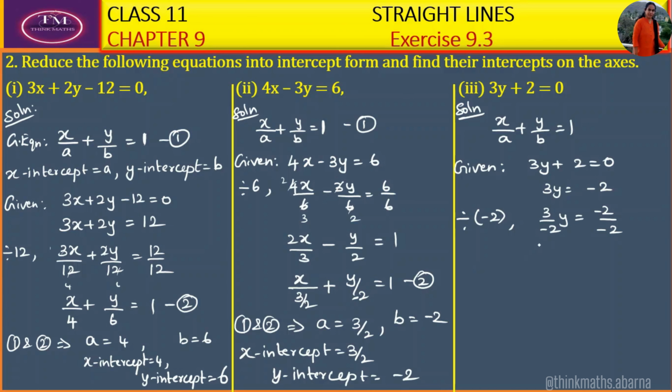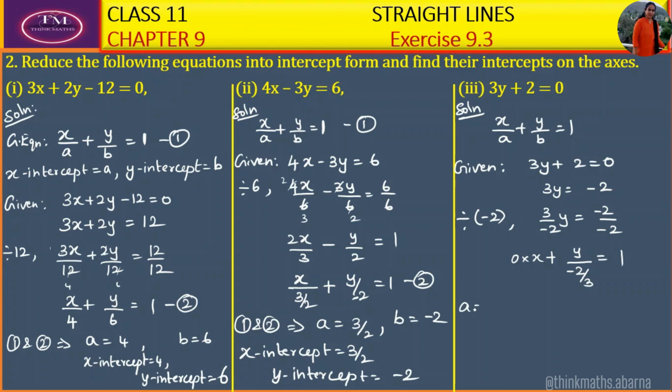Here we don't have an x term. So it is 0 into x, plus this y is here. If I take 3 by minus 2 to the denominator, it will change as minus 2 by 3, equal to 1. So there is no x-intercept.